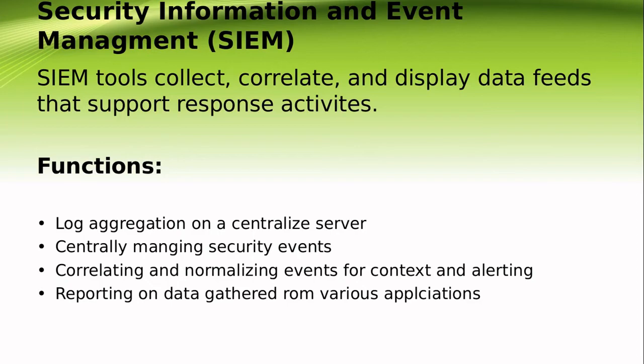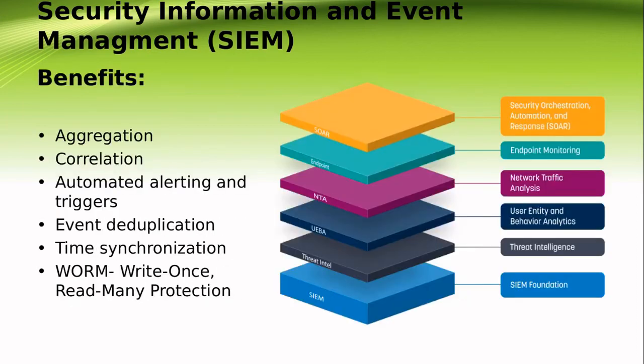Okay, so the security information and event management process can be broken down into four major parts: data collection, policies, data consolidation and correlation, and notifications. As you can see in the picture, the benefits are aggregation, correlation, automated alerting and triggering, event deduplication, time synchronization, and write once, read many protection.